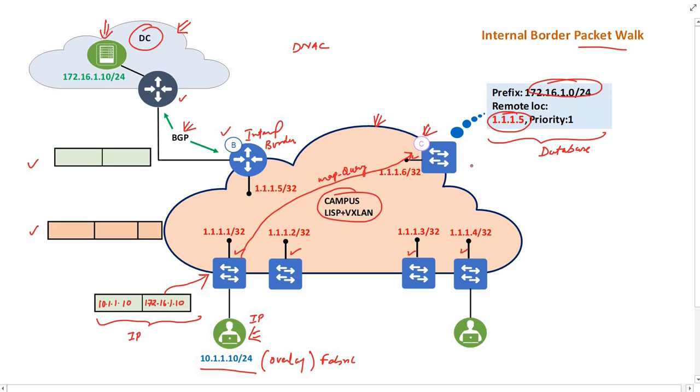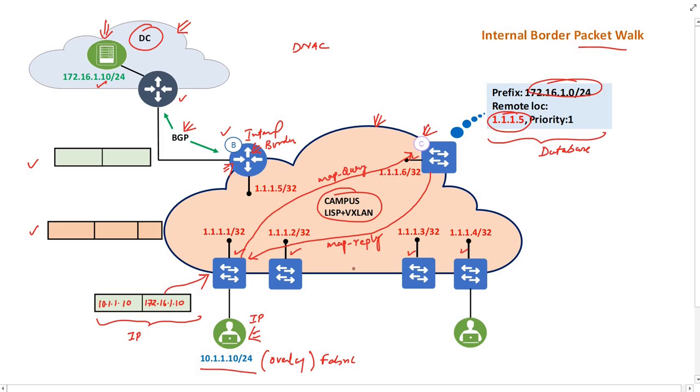In other words, network address 172.16.1.10 is behind 1.1.1.5, which is the remote location of the border router. This is simple, right? The control plane node sent this information to the edge node using a map reply message. So here we have the map reply message.